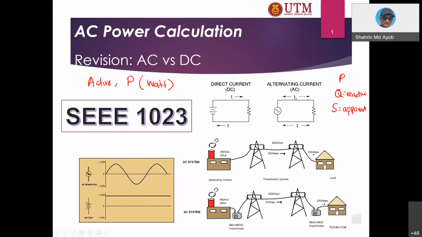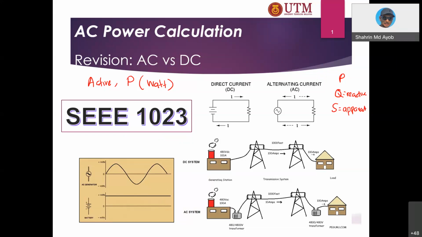In the earlier years, around the 1870s, there was some argument between people who favored DC power and a group who favored AC power.